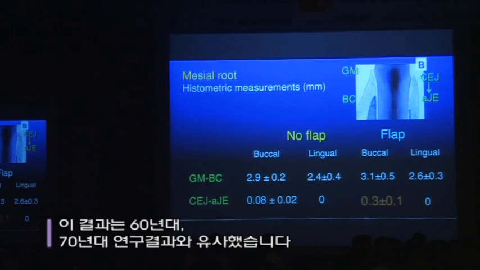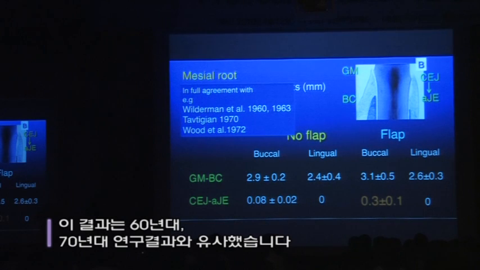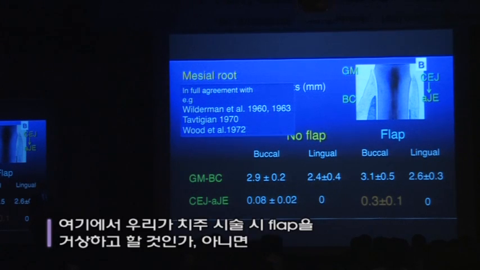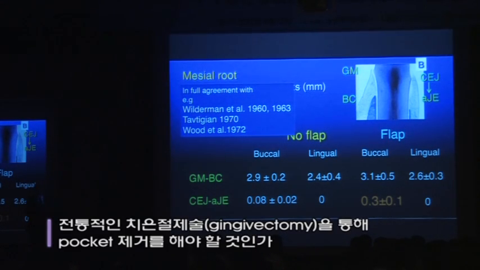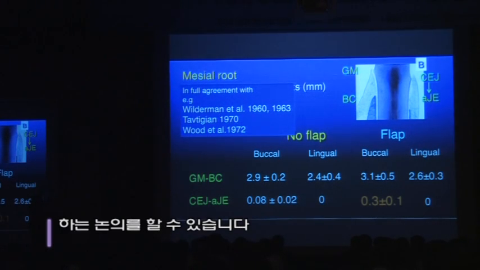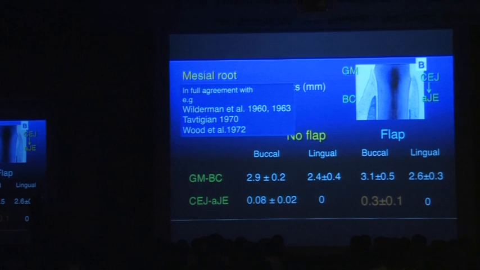And this, my dear colleagues, are measurements that are in full agreement with the data from the 1960s and 1970s, when we discussed so much whether we should use flap elevation in periodontal surgery or stay with the so traditional gingivectomy procedure in conjunction with pocket elimination.